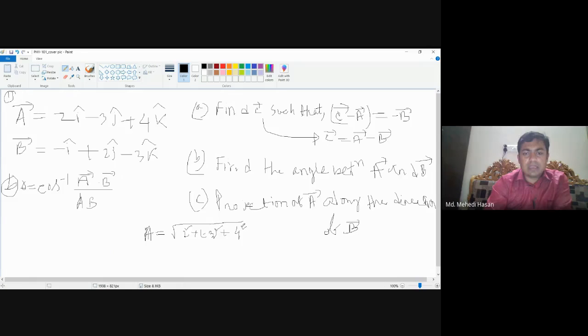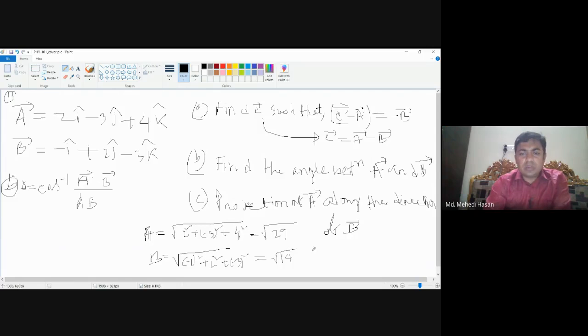The answer is root over 16 plus 9 is 25 plus 4 is 29, so root 29. And in case of b, root over minus 1 square plus 2 square plus minus 3 square. So it will be 1 plus 4 plus 9, which is 14, root over 14.